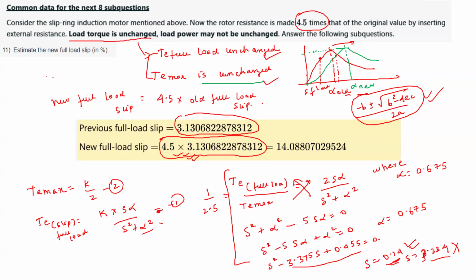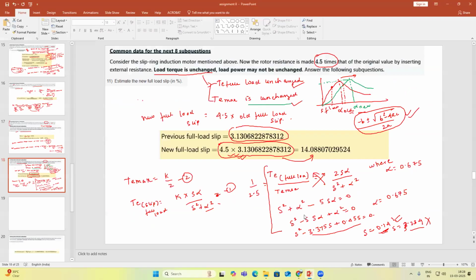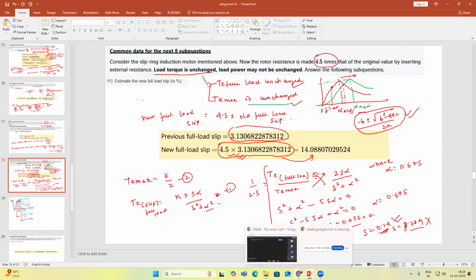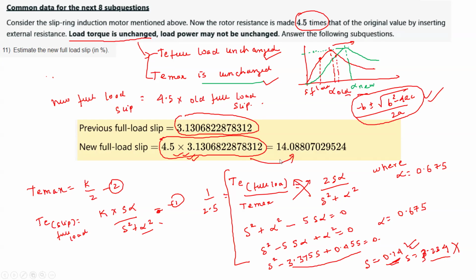For maximum torque, however the slip was getting shifted, it will also be observed in the same way for the full load slip. So that is why you can do it directly like this. Is this discussion clear, what I'm saying? Yes, so that is why you can do this directly.